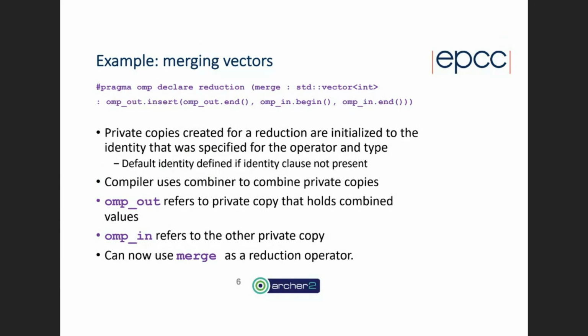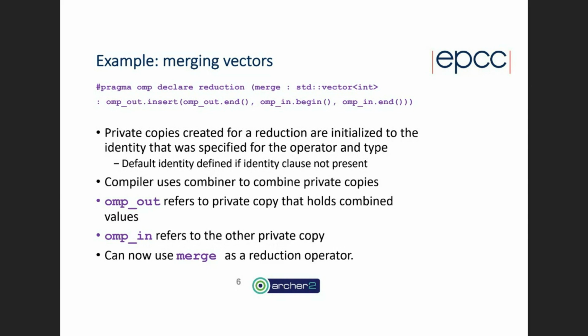Okay, so here's a little example. This is to do merging of vectors in the standard C++ library. I'm going to give the name to the operator called merge, and this applies to std vectors of type int.